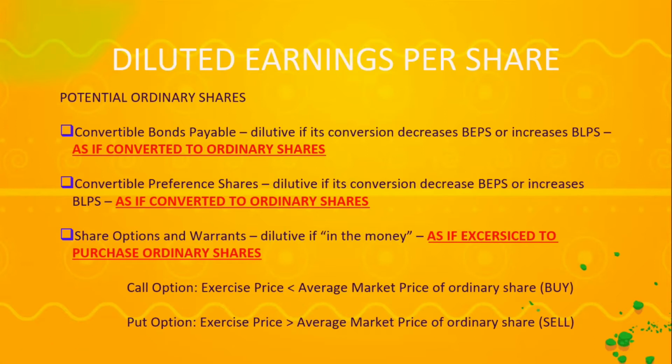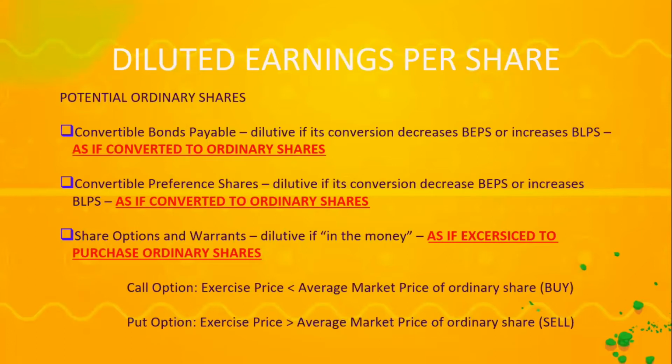It's the net income less the preferred dividends over the weighted average number of shares outstanding. If there's a conversion of bonds payable to ordinary shares, your denominator will increase.